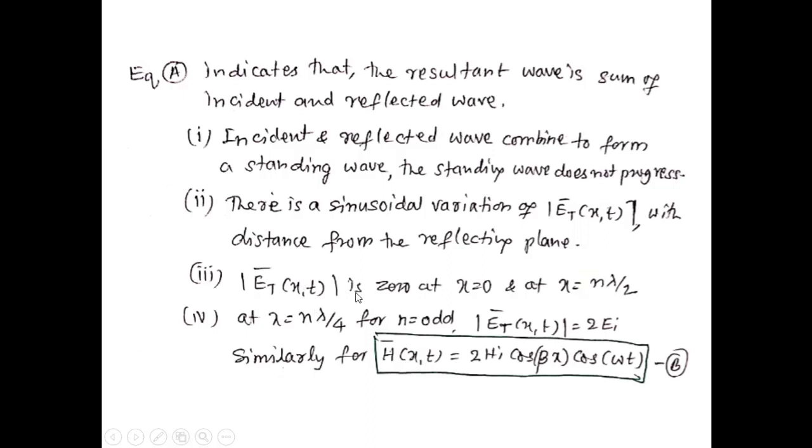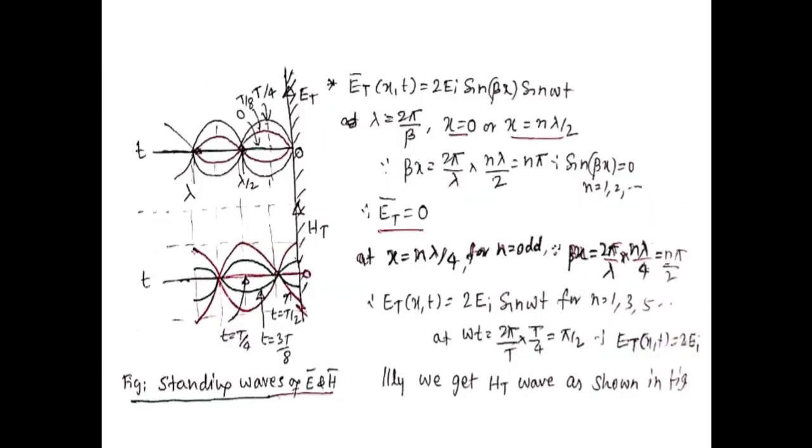Et bar of x, t is 0 at x is equal to 0 and at x is equal to n lambda by 2. At x is equal to n lambda by 4, for n odd, Et bar of x, t is equal to 2 Ei. Similarly, for H bar of x, t, you will get 2 Hi cos beta x cos omega t.